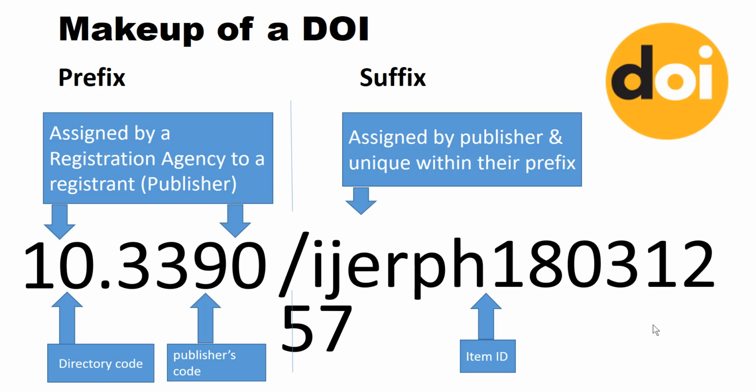The directory code is the number 10 there, and the number 3390 is called the publisher's code or publisher's prefix code. And all of the string of numbers and letters behind the slash is called the item ID. And again, this is what makes each article that has a DOI unique in the system.